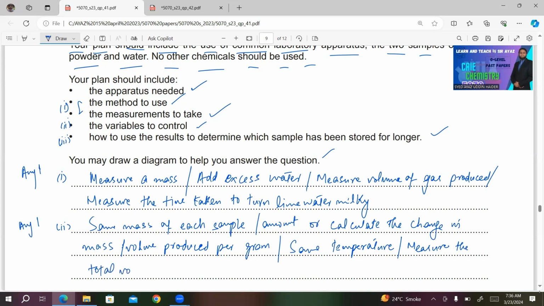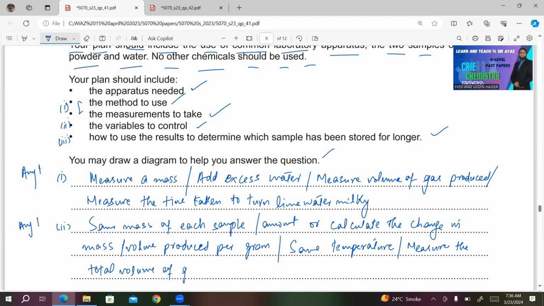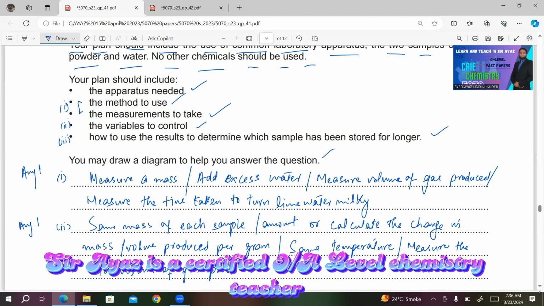Or you can measure the volume of gas produced in a fixed time.